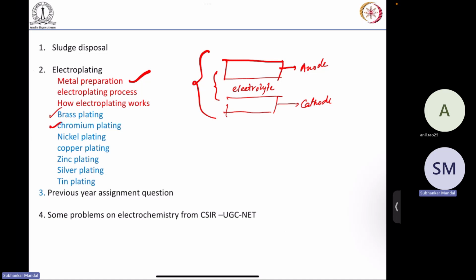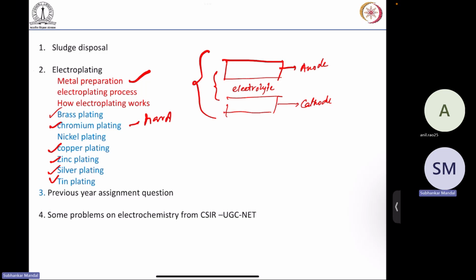We learned hard chromium plating and soft chromium plating, nickel plating, copper plating, zinc plating, silver plating, tin plating. All these things we have discussed, and also what electrolyte we have to take for each.